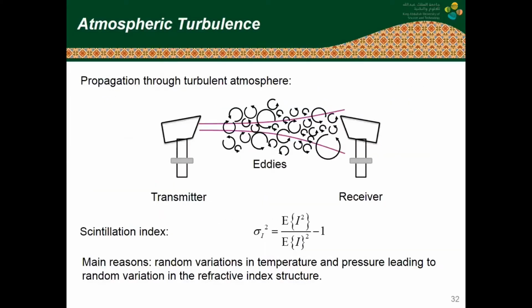So now, another interesting problem, interesting at least from a performance analysis perspective, but of course really not interesting at all from the implementation perspective of FSO, because it can degrade the performance of FSO systems quite a bit, is what is known as atmospheric turbulence or scintillation.